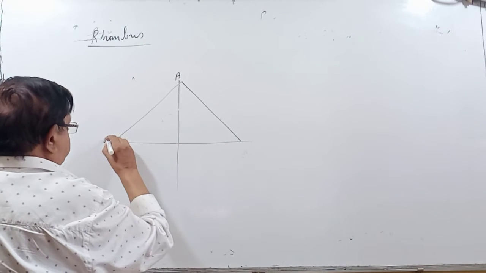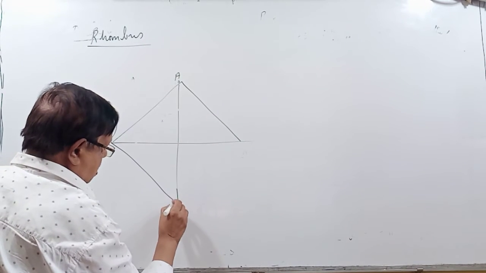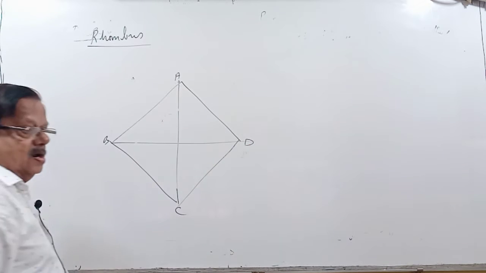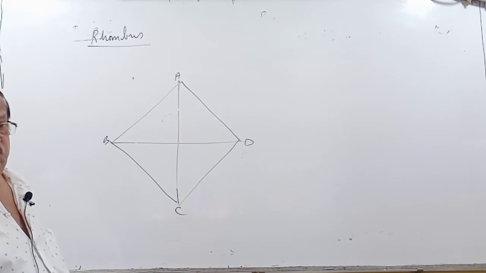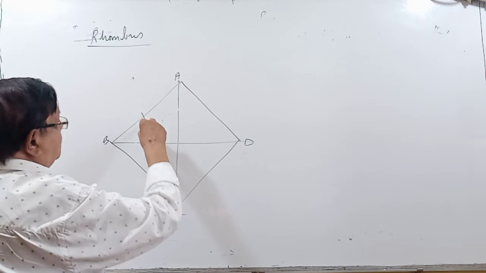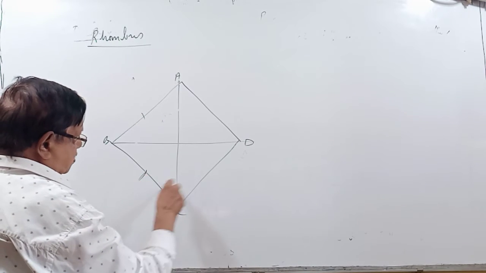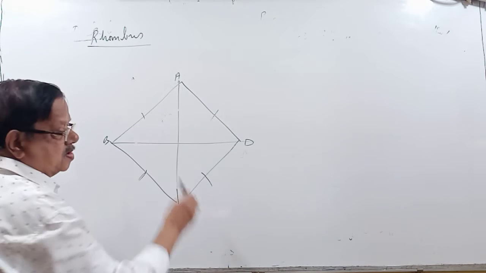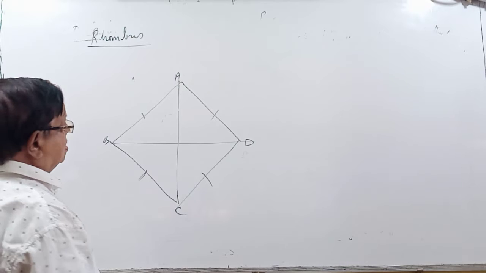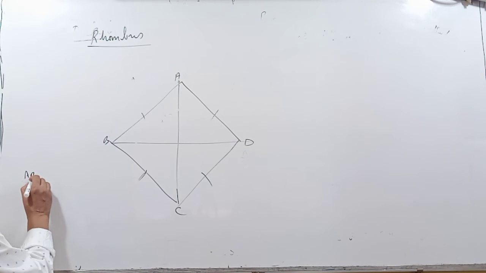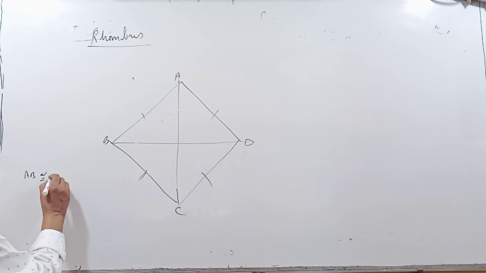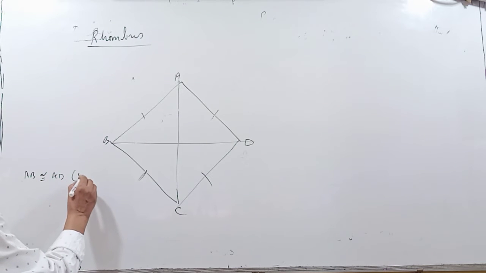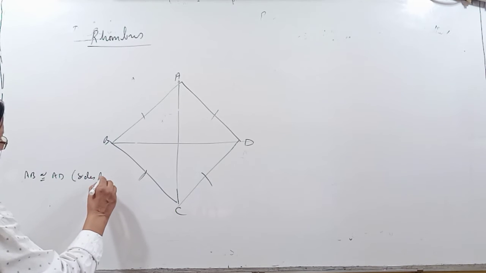A, B, C, D. These are the two diagonals. We know that AB is congruent to BC, congruent to CD, congruent to AD, because they are sides of the rhombus. All sides of the rhombus are congruent. AB is congruent to AD, sides of the rhombus.